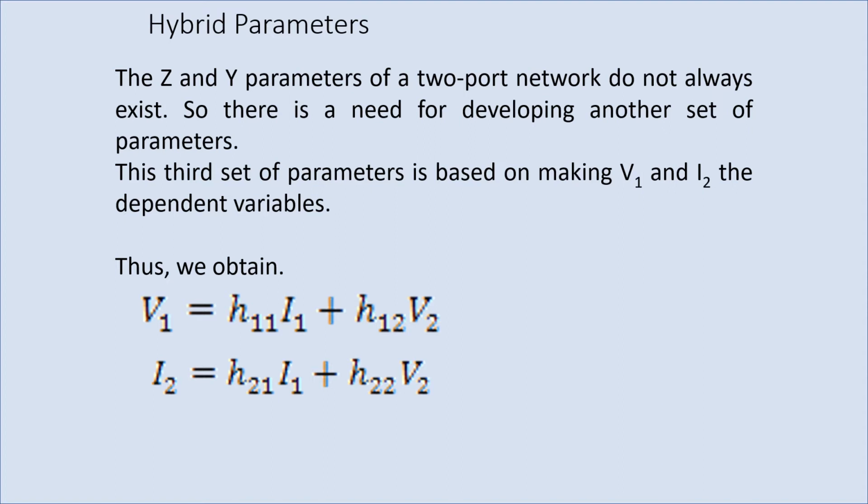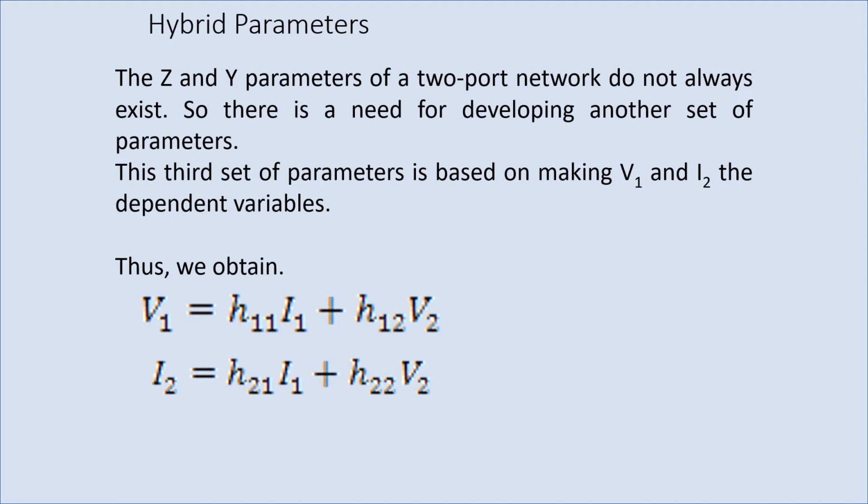Also note that when your current is equal to 0, you have an open circuit condition. And when your voltage is equal to 0, remember that the circuit becomes short circuit. So if you want to get your H11 and your H21, your voltage V2 will be short circuited, that is, equal to 0.